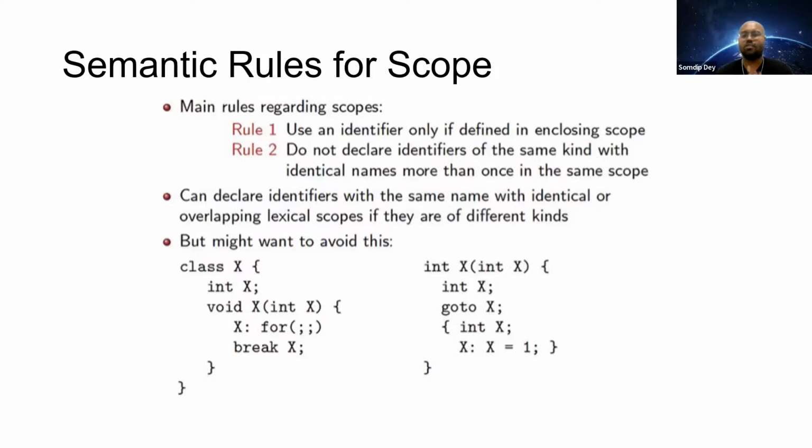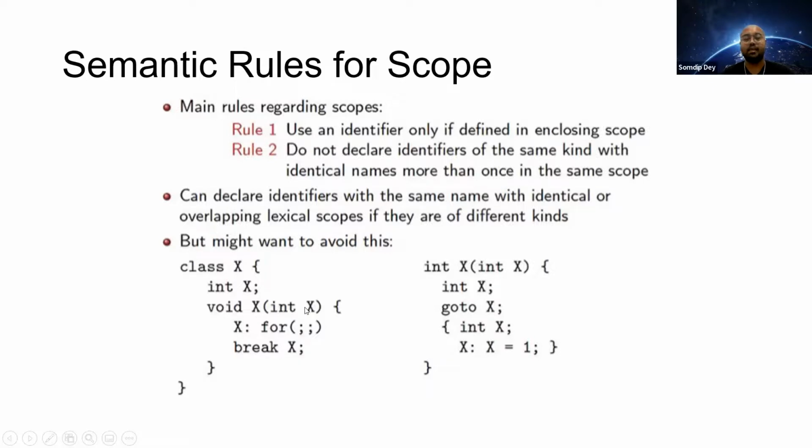Since I've mentioned these two rules, let's take an example, right? An example can be that you're declaring a class X, where inside the class X, you're declaring a variable int X, and you're also defining a method inside the class X as X as well.